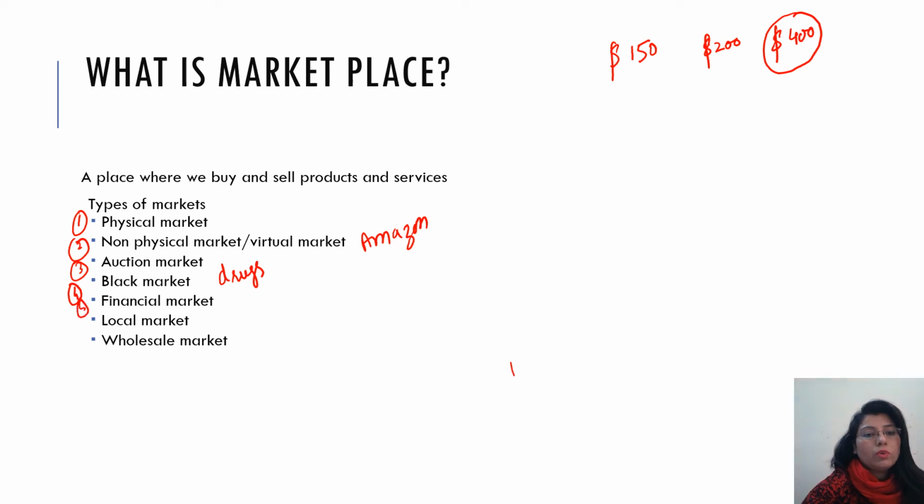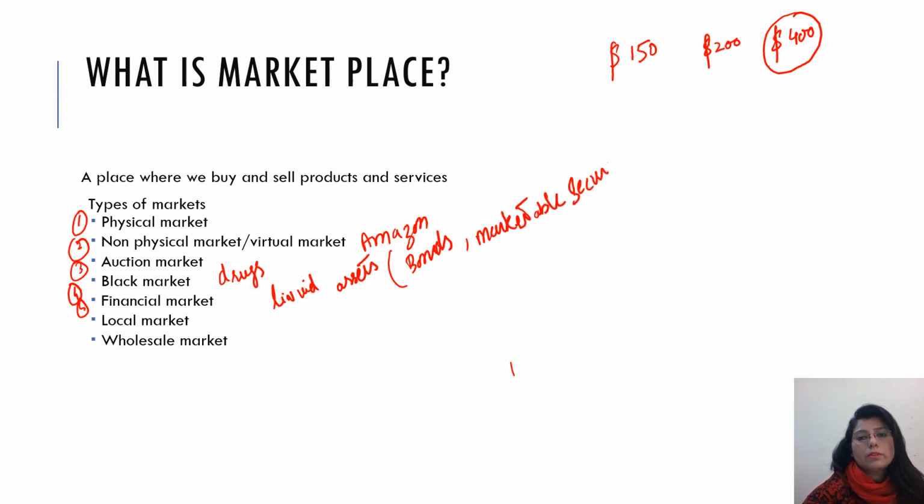A financial market is one where liquid assets are bought and sold. Liquid assets are those that can be easily converted into cash. For example, bonds, marketable securities.